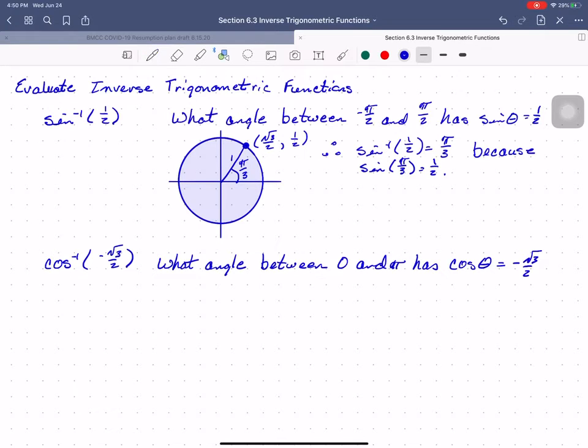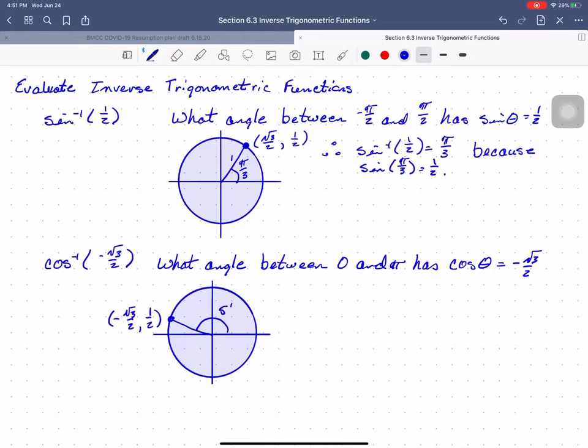So again, we're going to think about our unit circle. And cosine is related to the x-axis. So we're talking about this guy over here that has got coordinates negative root 3 over 2, 1/2. And we know that that is 5 pi over 6. Is that right? Yes, that is correct.